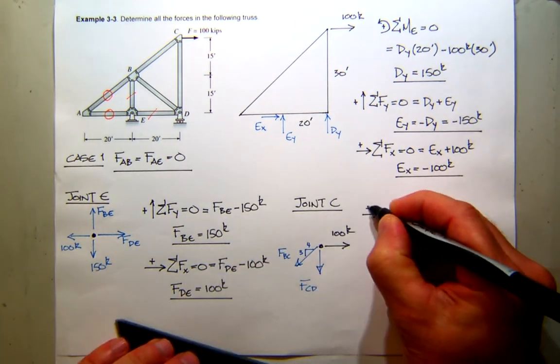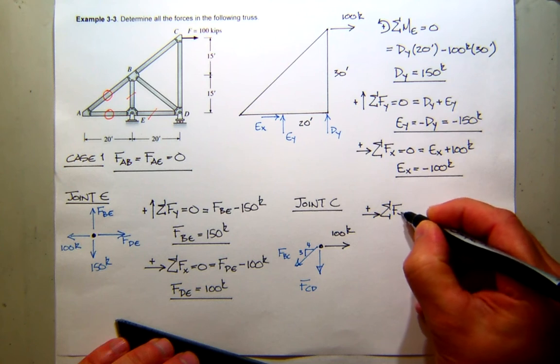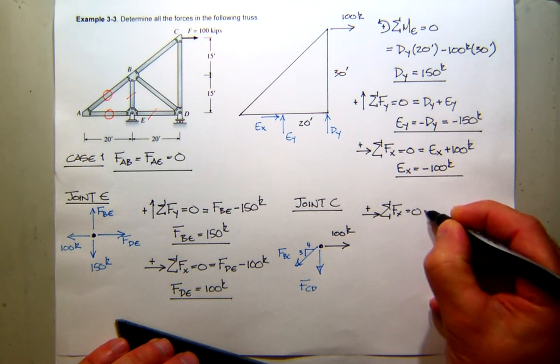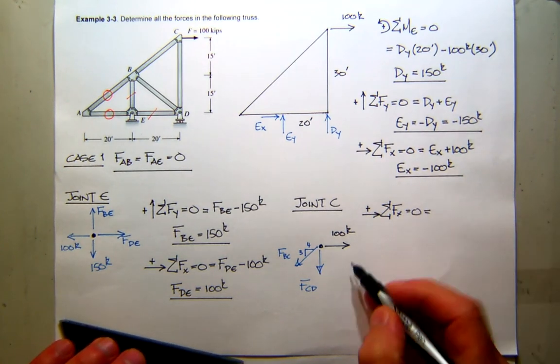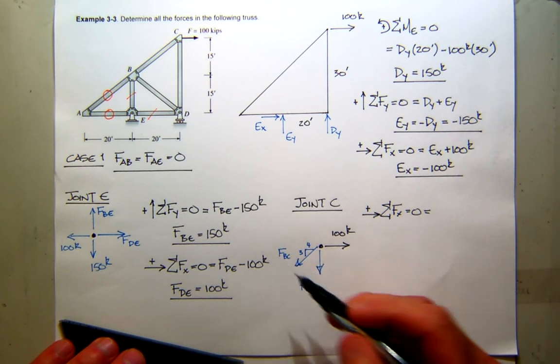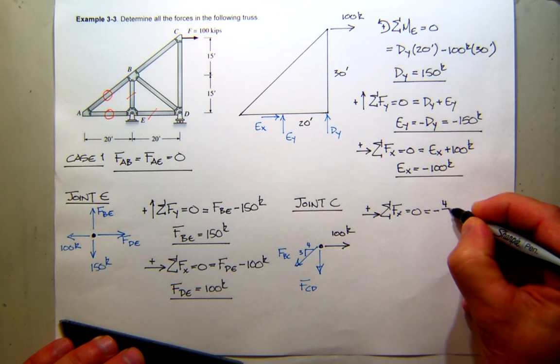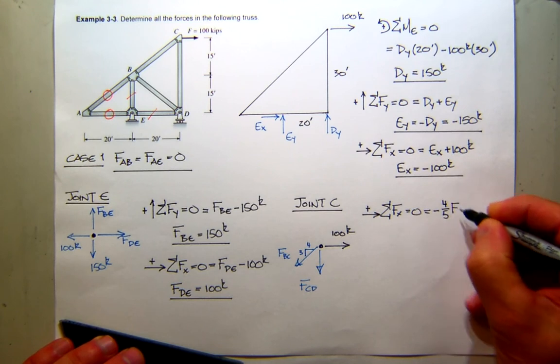So I'll assume positive is to the right, and then I'll sum all my x components. Looking at the x components, I've got the force in BC. It's actually to the left, so that will be negative. And the x component will be 4/5 of BC.